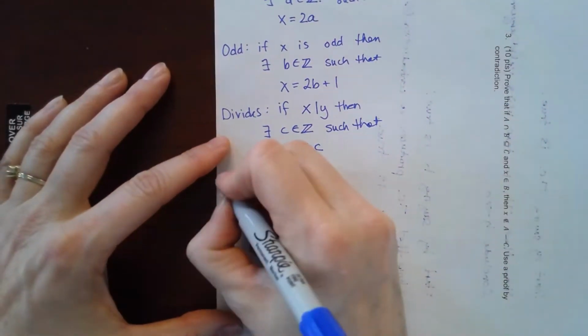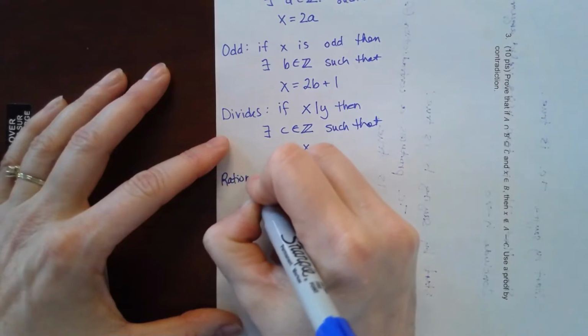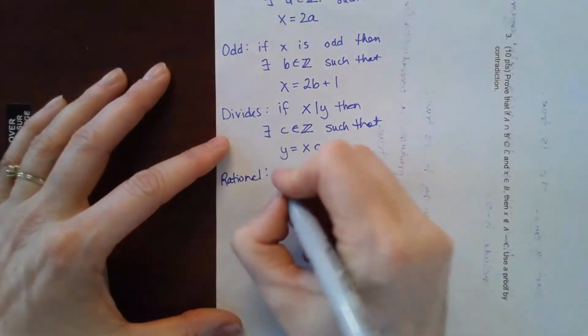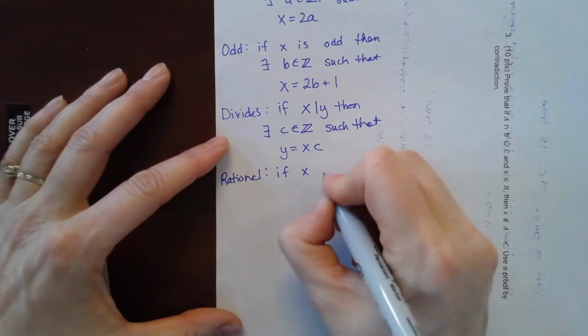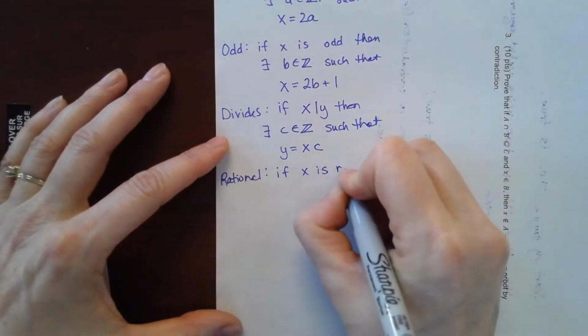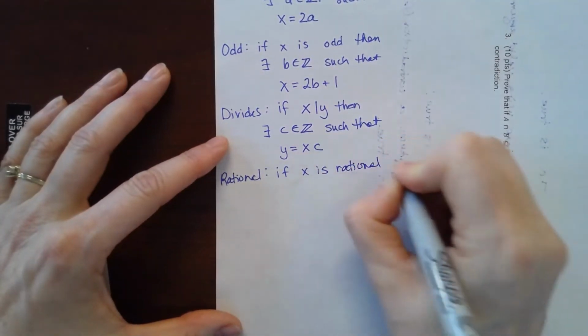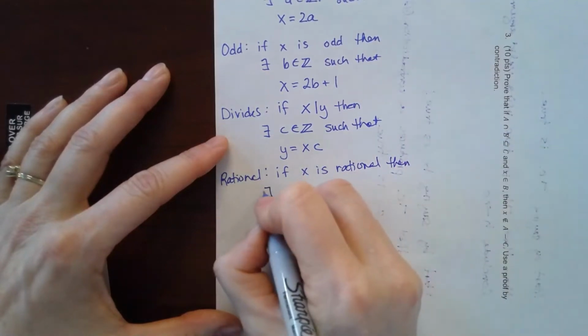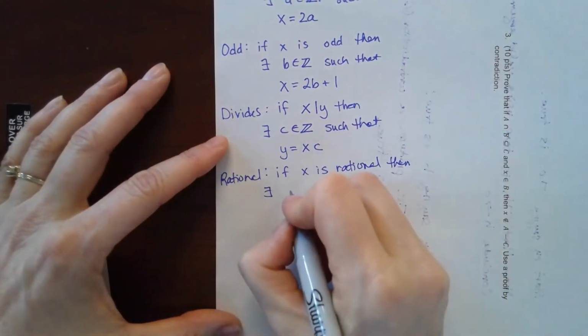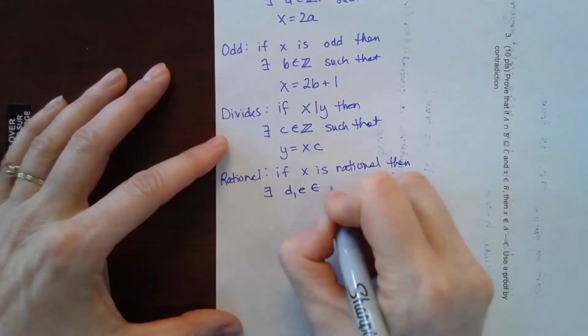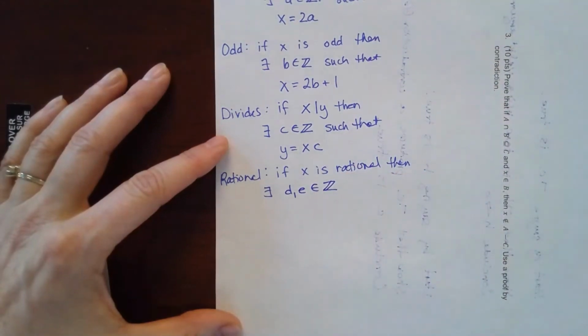Then we have a rational number. The definition of rational: if x is a rational number, then there exist 2 numbers, D and E. They both have to be integers.